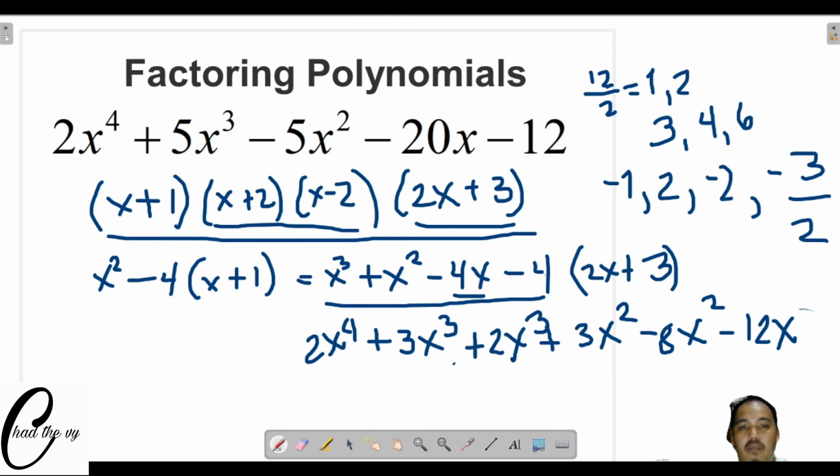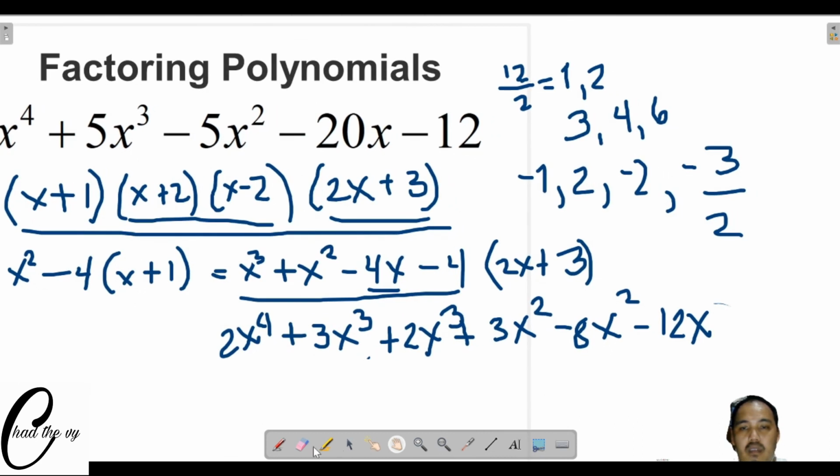And negative 4 times 2x is equal to negative 8x. Now, negative 4 times 3 is negative 12.